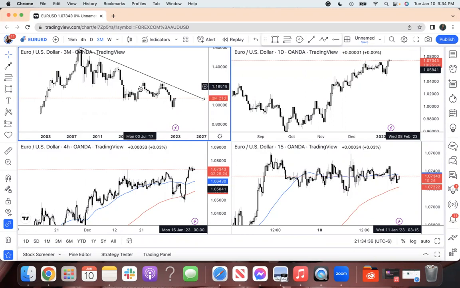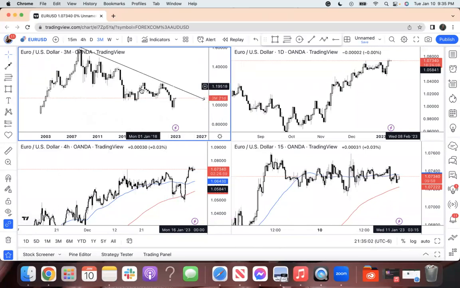Or if you are looking at a double bottom, which is basically this in reverse and is typically seen at the bottom of a downtrend, that means the market is reversing, and at the neckline there will be an uptrend.